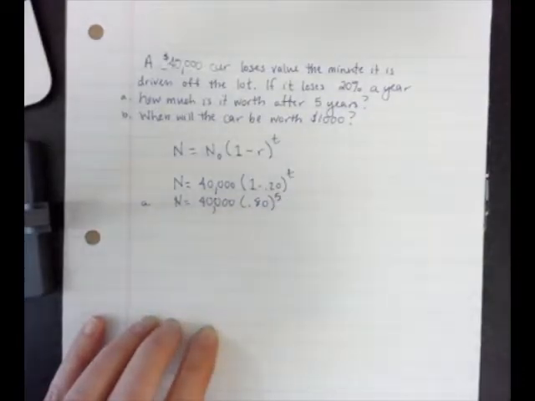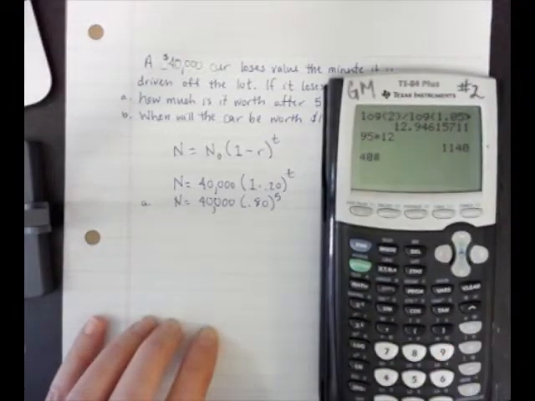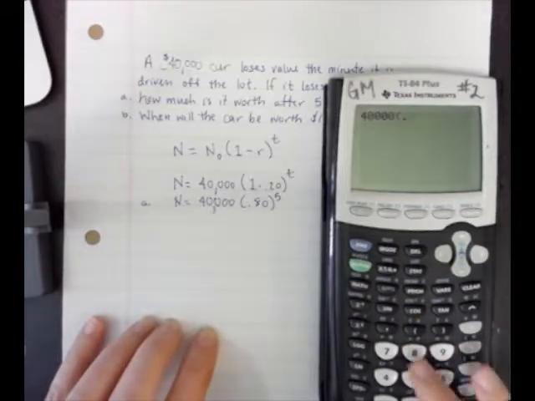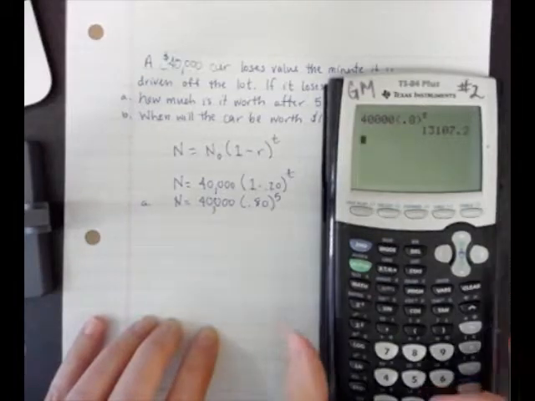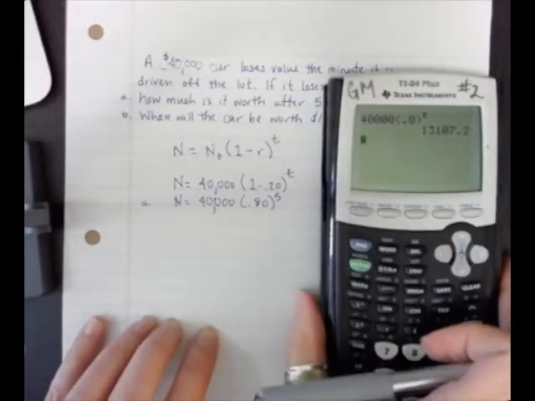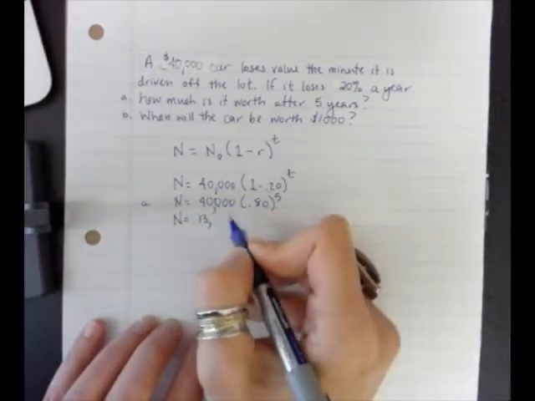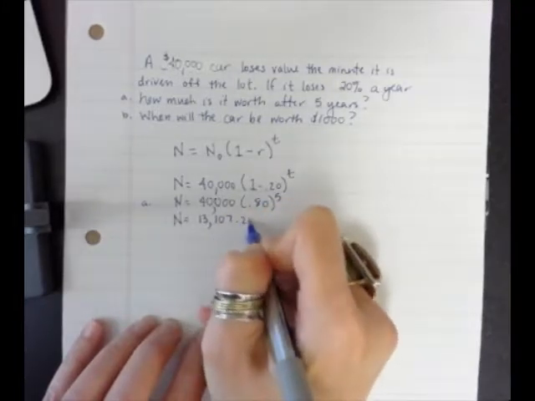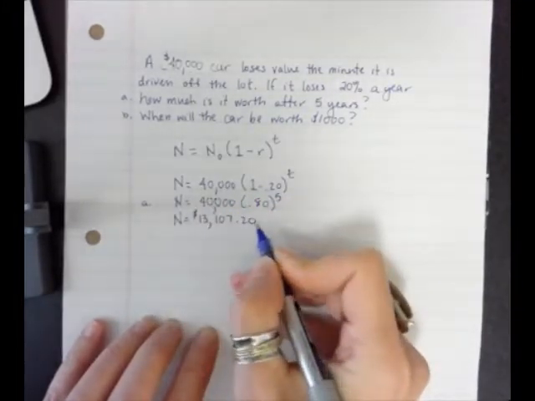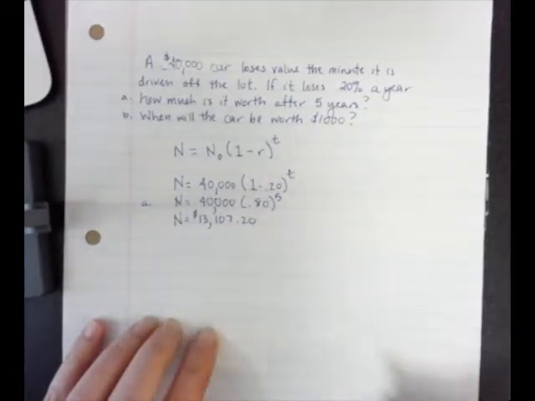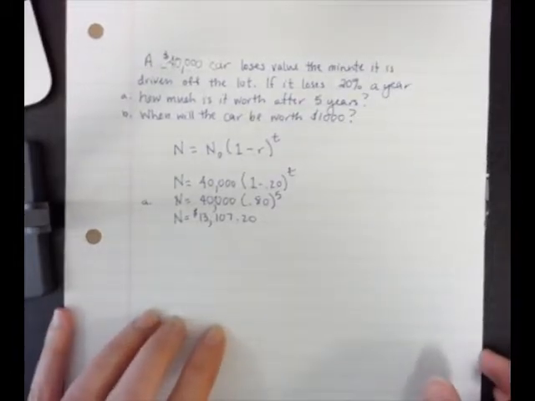And I put that into my calculator. 40,000 times 0.8 to the 5th power. So it's going to be $13,107.20. So N equals $13,107.20. So after 5 years, this $40,000 car is only worth about $13,000. Okay, so that's like a huge loss, isn't it?